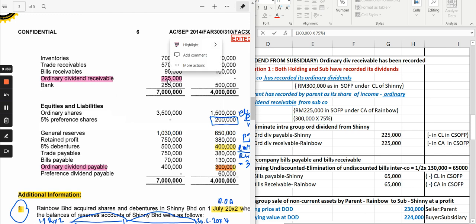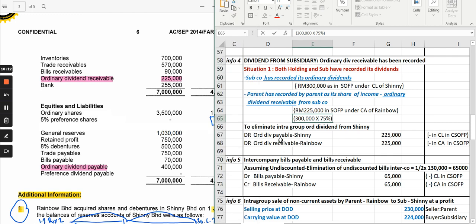So meaning to say that whatever you have here is all income from subsidiary, and this must not be reported anymore in the consolidated statement of financial position. They are intercompany transactions, so that must be eliminated. So when you eliminate, this is situation number 1, where both holding and subsidiary company have recorded the dividend.